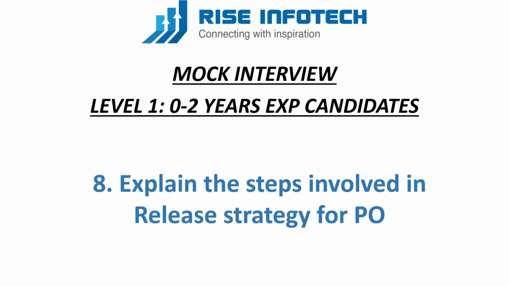Okay, so explain the steps involved in the release strategy. Mainly this question is applicable in the SAP ECC system. So tell me, what are the steps involved? Yeah, mainly release strategy is the approval process to control the procurement process in SAP MM. These are the steps in release strategy for PO. First, we have to create the characteristic using T code CT04.